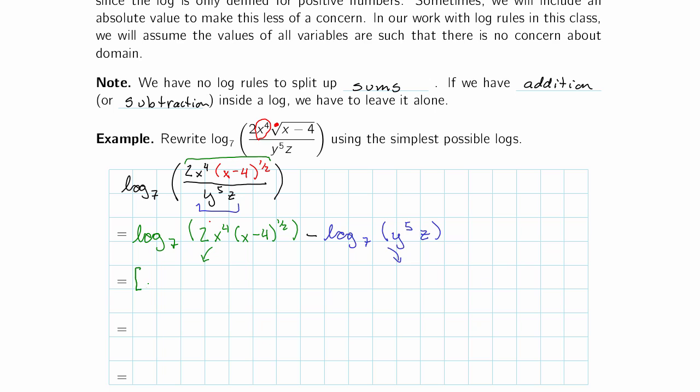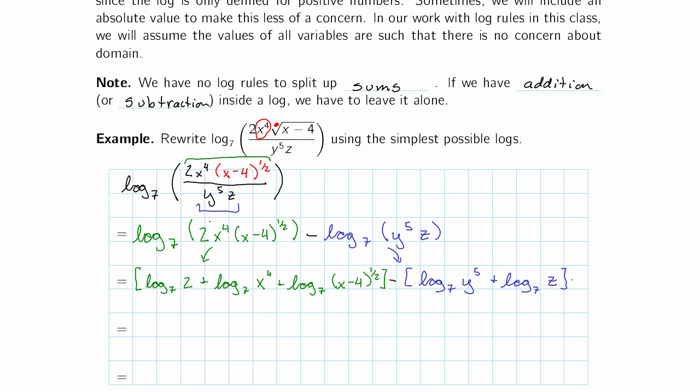First term we'll split up as the log of 2 plus the log of x to the 4th plus the log of x minus 4 to the 1/2. And then the second term splits up as the log of y to the fifth plus the log of z.